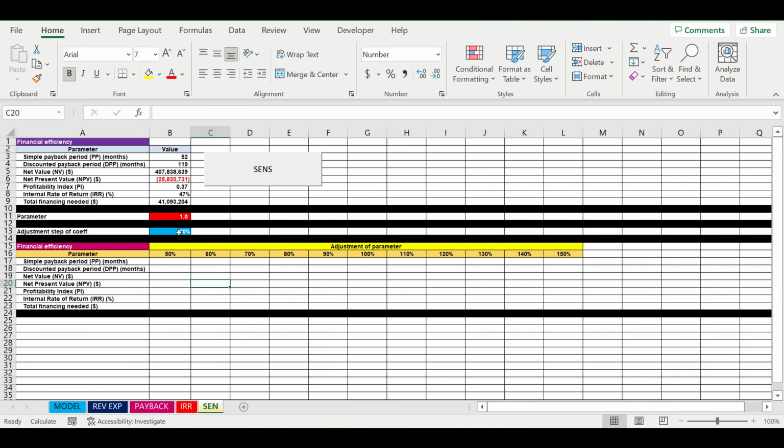The step of changing the parameter will be, for example, a 20% step. And then I'm just pushing this button to see how stable the business idea is if we increase or decrease pricing.